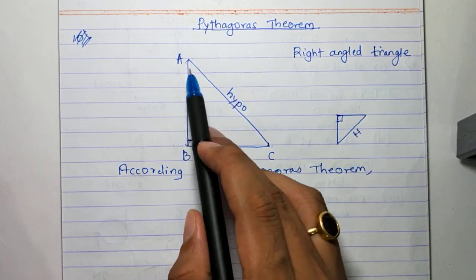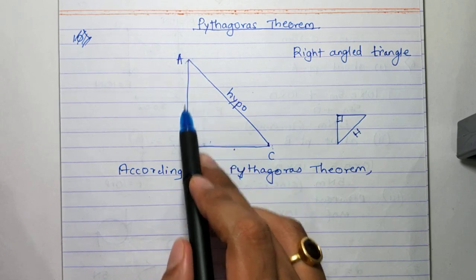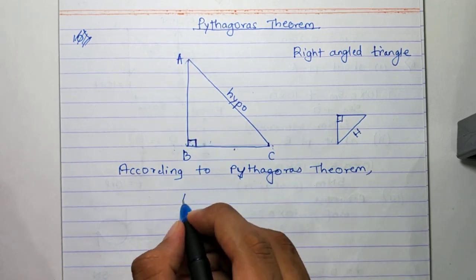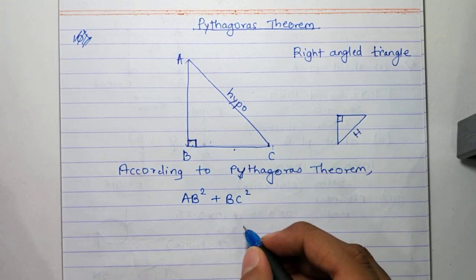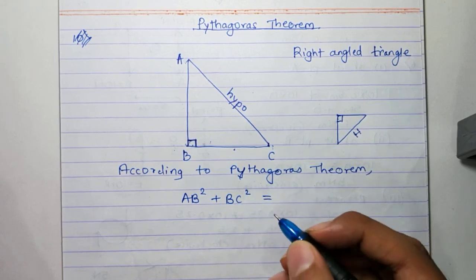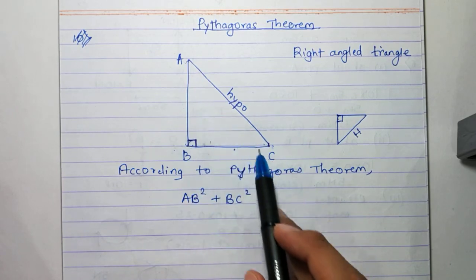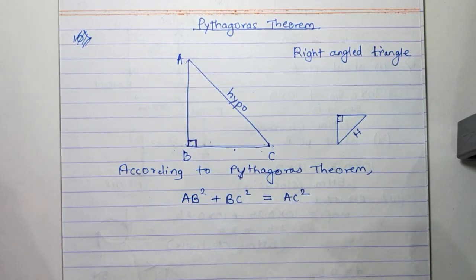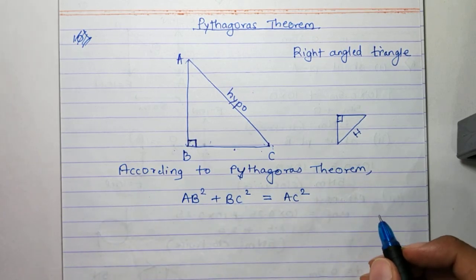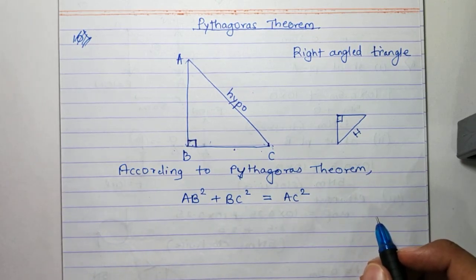Means ये जो दो साइड होती है, इनके स्क्वायर्स को ऐड करो. If you add the squares of the two sides which contain the right angle, it will be equal to the square of the hypotenuse. This is what the Pythagoras theorem is about.